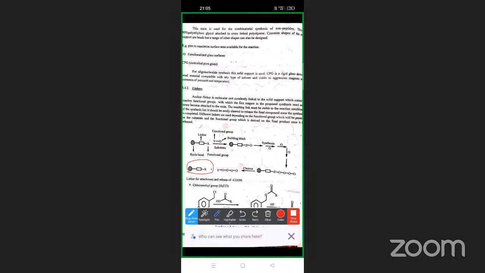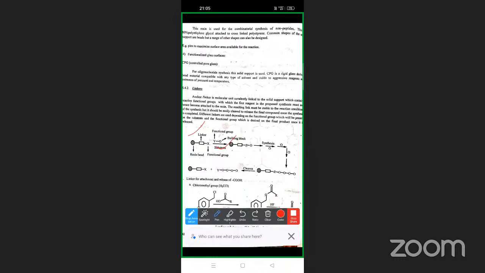Okay, so this is the method of how combinatorial synthesis takes place. The first step involves the attachment of your substrate molecule to the resin bead. The resin bead has an inbuilt linker with a reactive functional group.